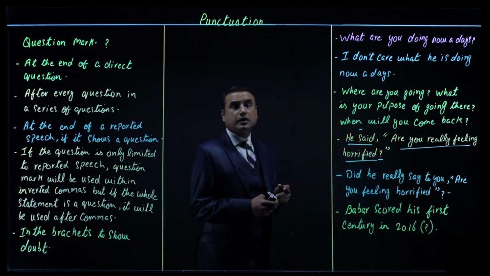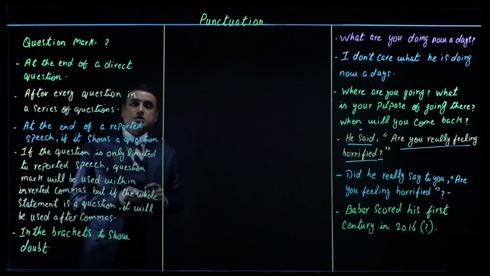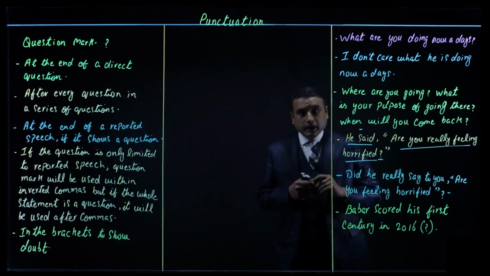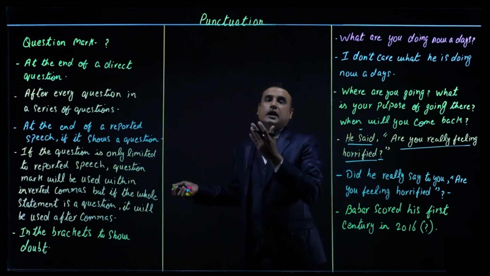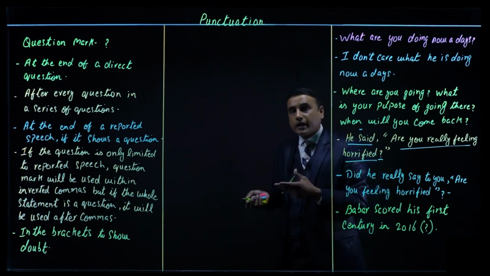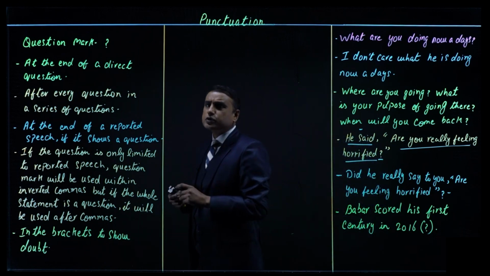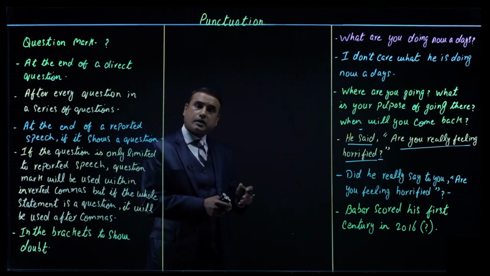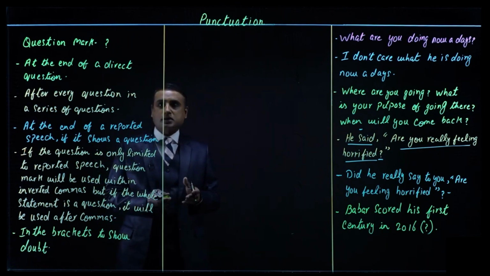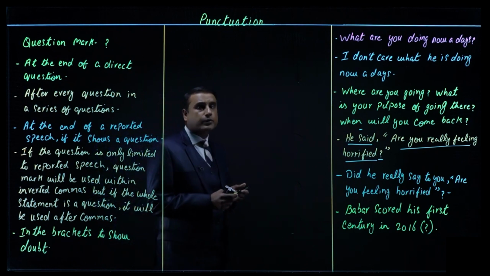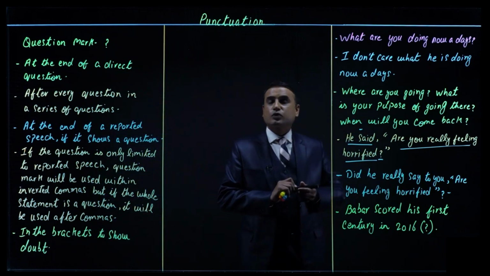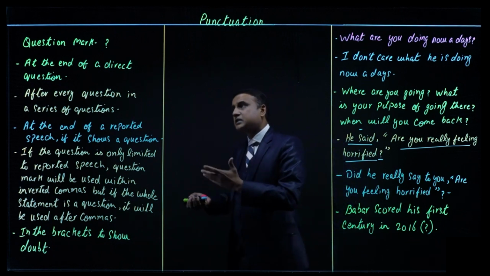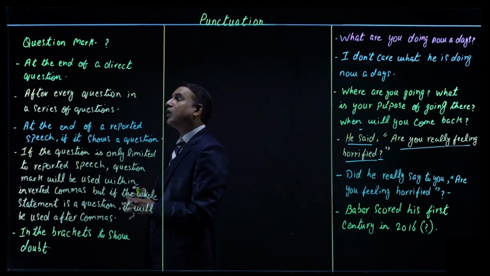And you are putting a question mark against 2015 or 2016. Here you are actually doubting that fact. आप उसको ये बता रहे हो कि we are not sure about it, whether he did score it in 2016 or not. So you are just raising an eyebrow कि पता नहीं उसने 2016 में बनाई थी या नहीं बनाई थी.